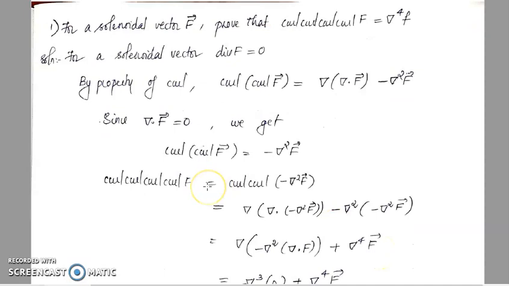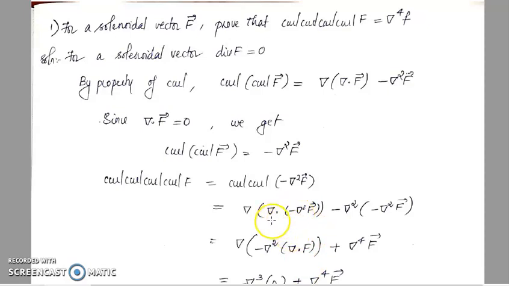And now here you have del dot minus del square f. It will be equal to del of minus del square into del dot f. So I can interchange del and del square.